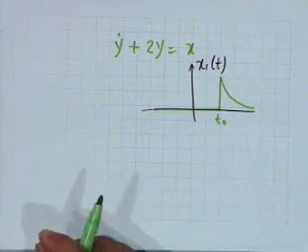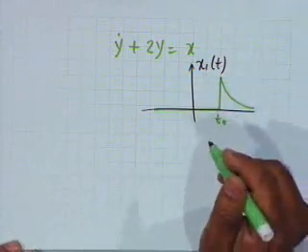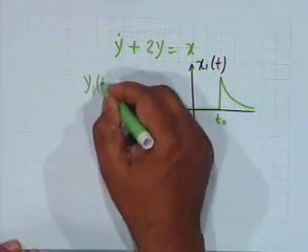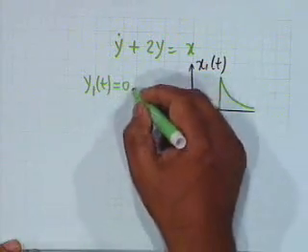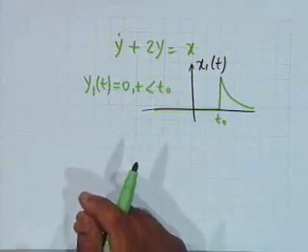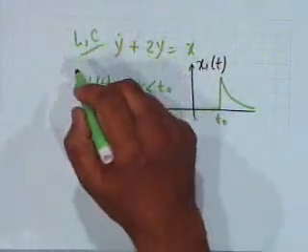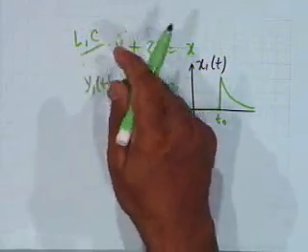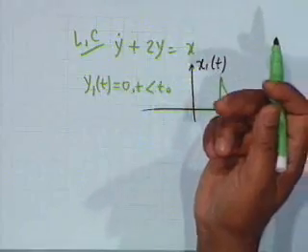Alright, and the system is causal, and therefore y1 of t, the output, must also be equal to 0 for t less than t0. We assume that the system is linear and causal. We are investigating its time invariance or time varying property, whether it is time invariant or time varying.